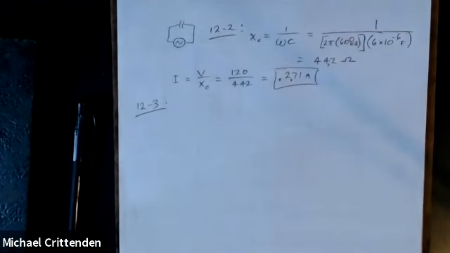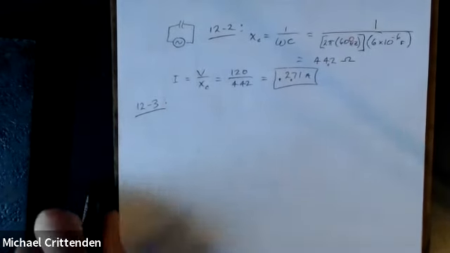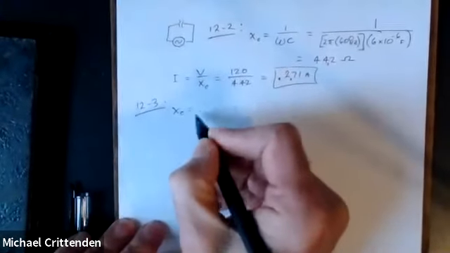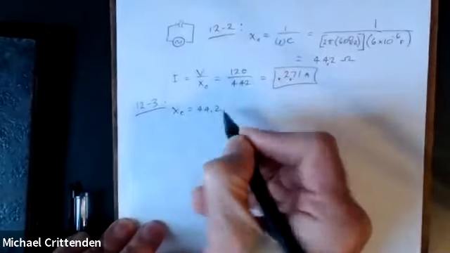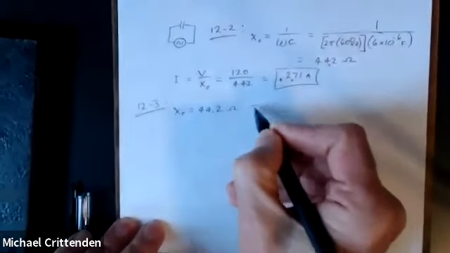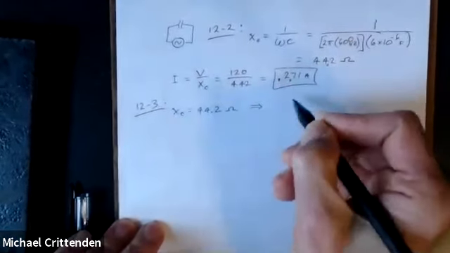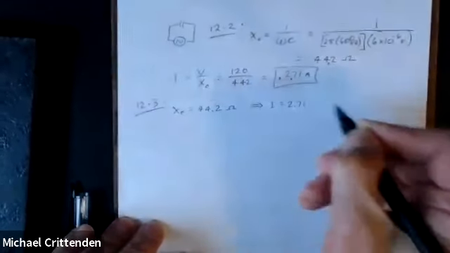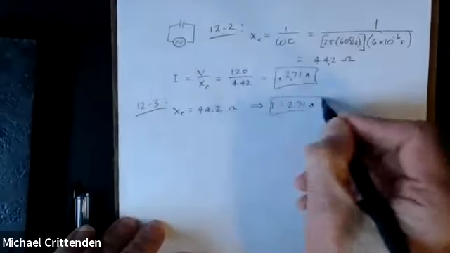So it's almost the same problem all over again. It's just that now XC is 44.2 ohms, which implies that I is 2.71 amps.